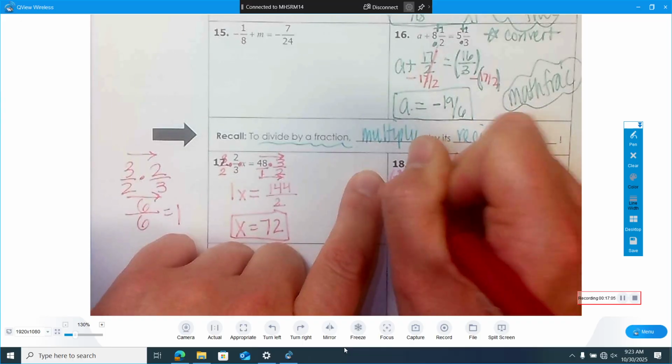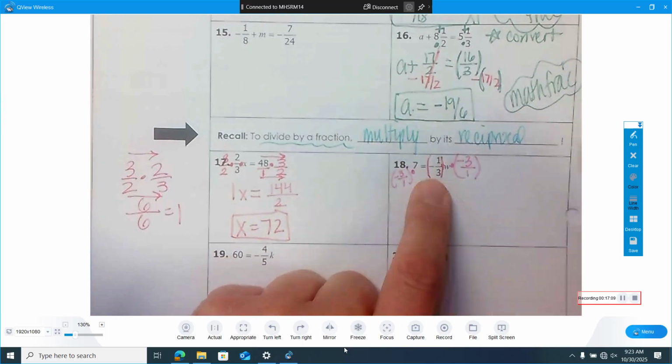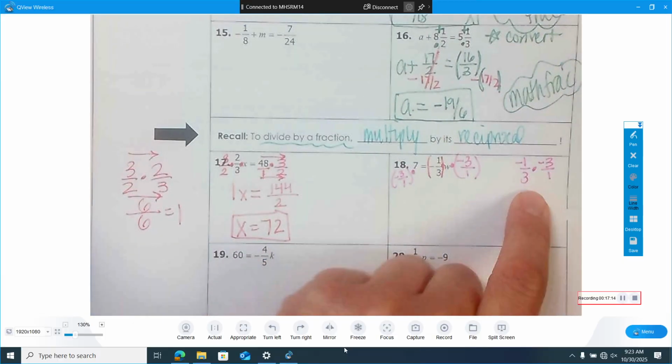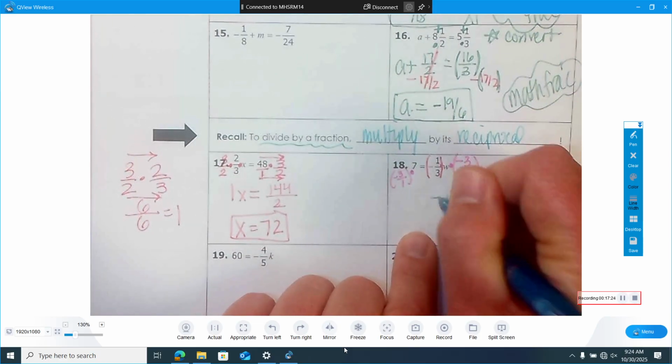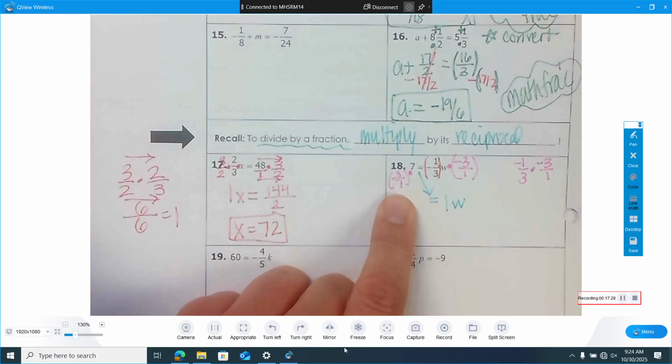Negative 3 over 1 times. What is negative 1/3 times negative 3 over 1? What do you get when you have those reciprocals? 3 over 3? 3 over 3 is? 1. So we're going to get our 1w is equal to, and here, what is negative 3 over 1 times 7?